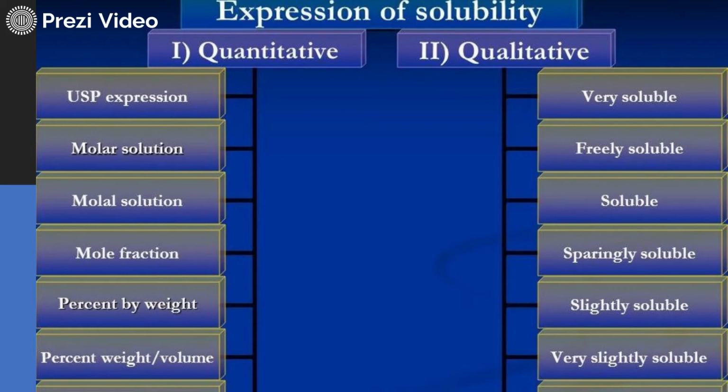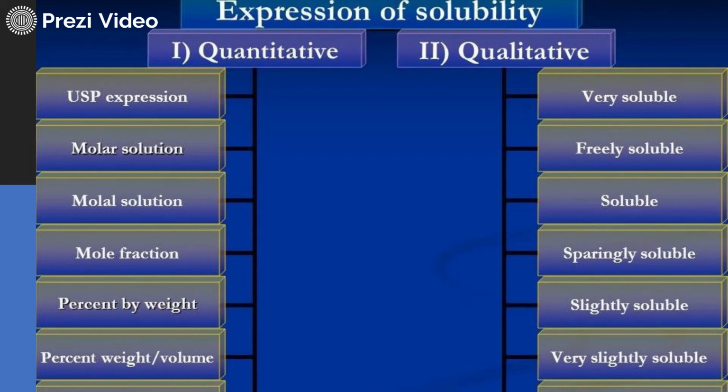Next, the qualitative techniques include using terms like very soluble. If the same amount of solute is dissolved in less solvent, it is very soluble. Very soluble means you don't have to make extra effort to get it solubilized. When you add the solute to the solvent, it immediately disappears. Freely soluble means it has good solubility.